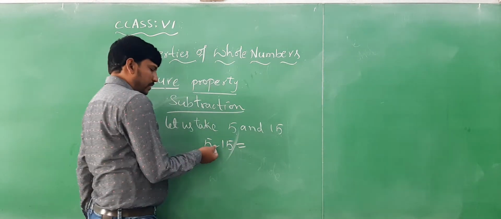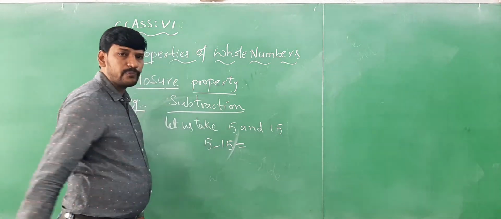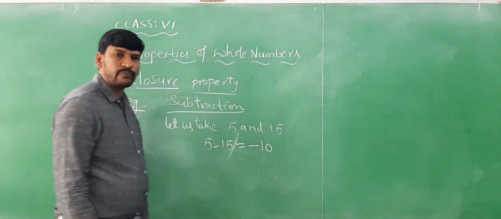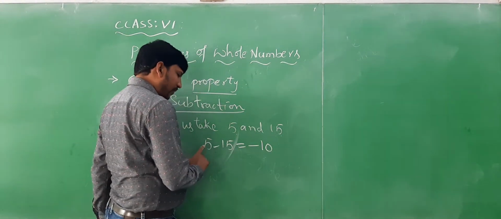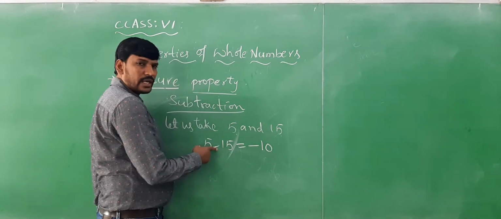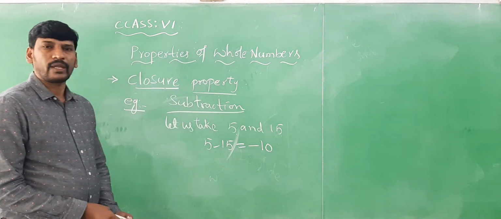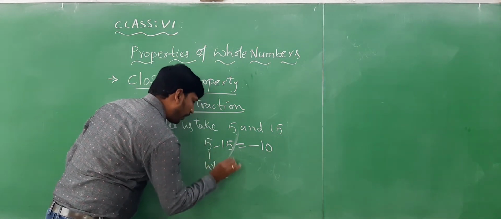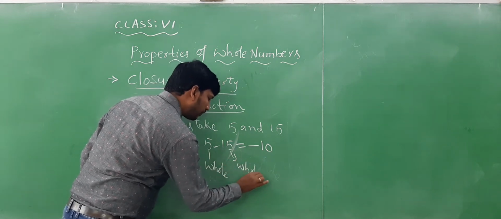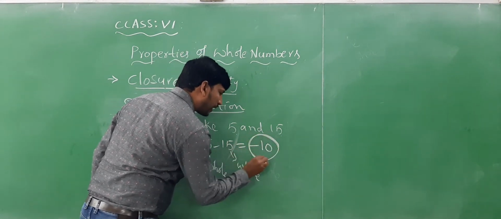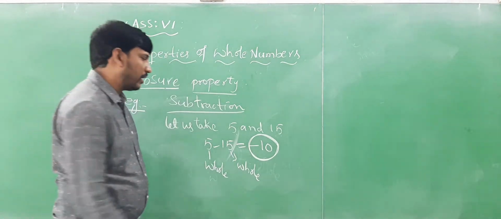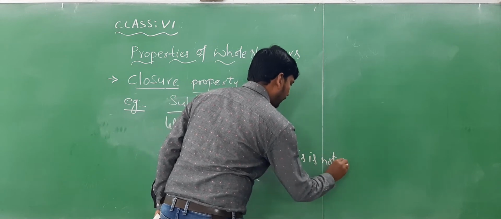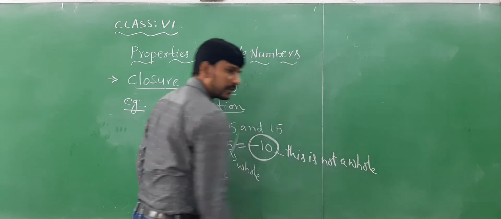Is it possible if you subtract a bigger value from a smaller value? Yes, you will get a negative value, which is minus 10. Generally 15 minus 5 is 10, but here 15 has a negative sign, so we got minus 10. So here 5 is a whole number, 15 is a whole number, but the result is a negative number, minus 10. This is not a whole number.